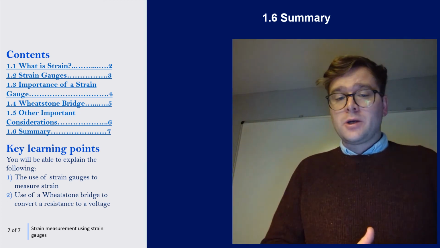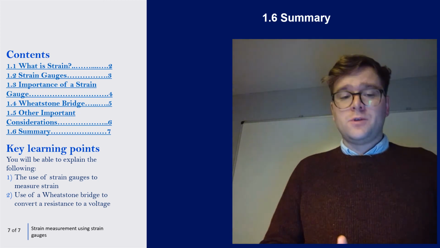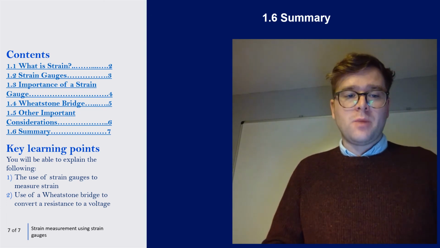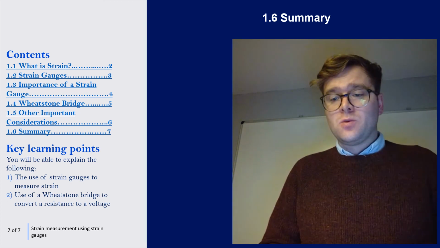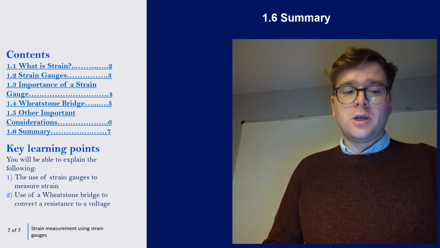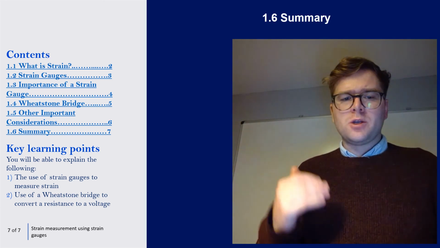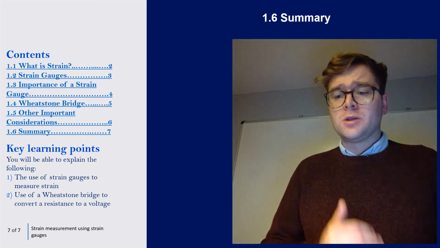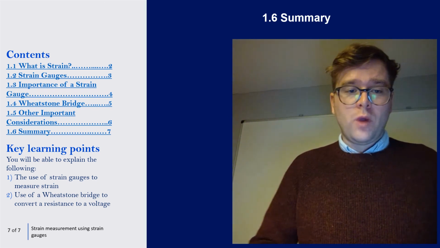We've gone through the numerical description of the gauge factor with a typical value of approximately 2, and you can only find that in the specification when you purchase a strain gauge. And we've gone through one of the reasons why you would apply strain gauges, to prevent loading beyond the yield point. We've gone through how the Wheatstone Bridge is used to convert the change in resistance through strain to a voltage output, and we've also looked at further considerations beyond that of the Wheatstone Bridge.